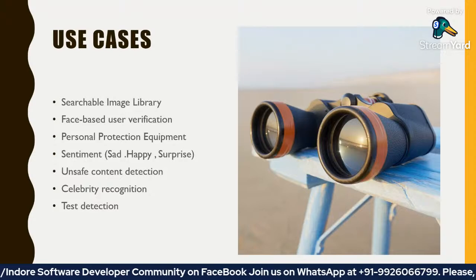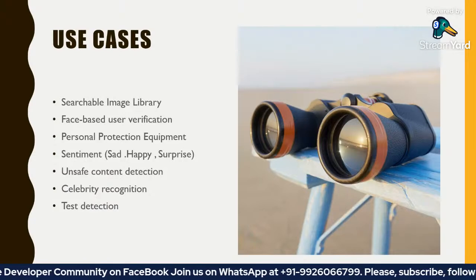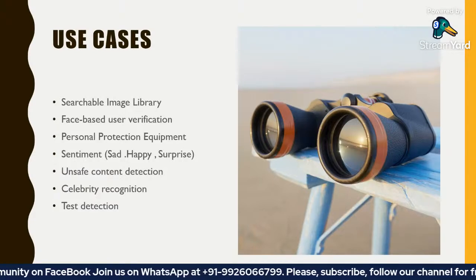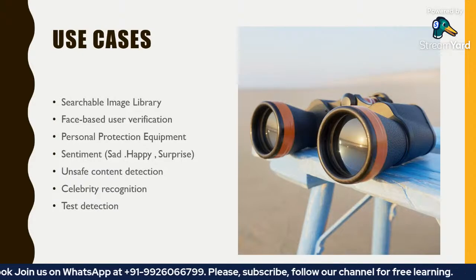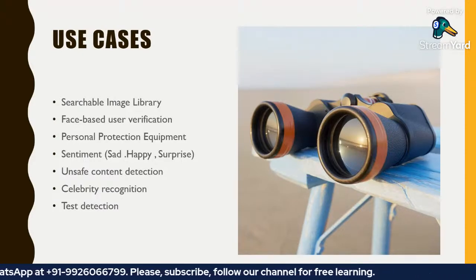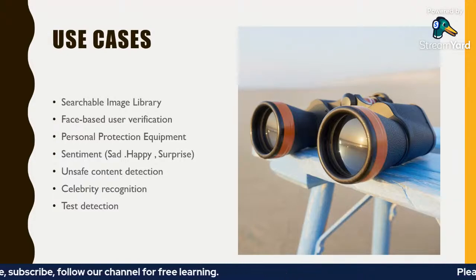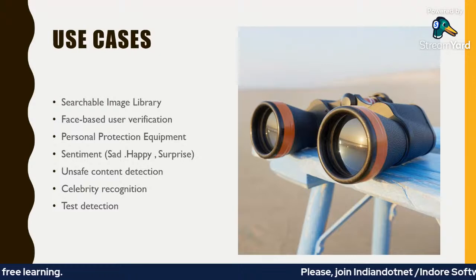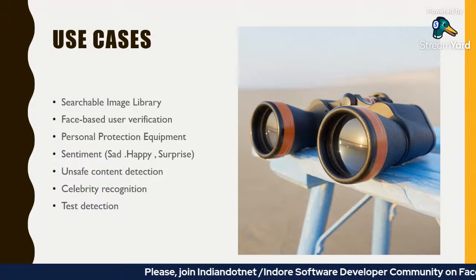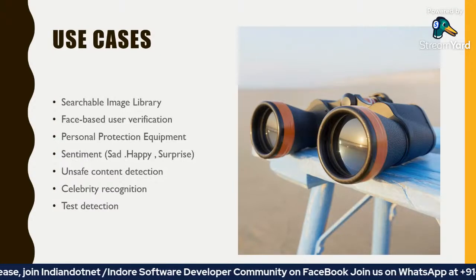Then face-based user verification, which I mentioned recently with the factory floor example, where instead of using a thumb scan, for example, in card recognition, people just go in front of a tablet, the image is captured, and they are good to go.